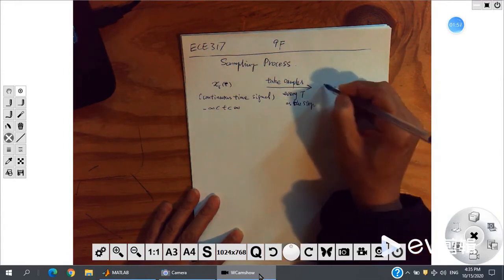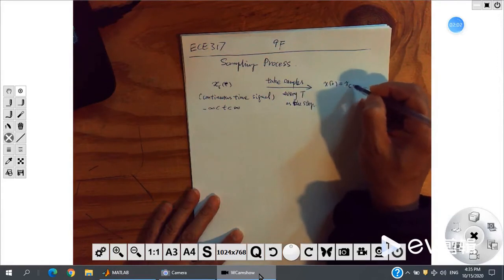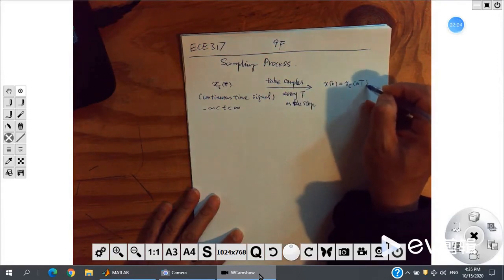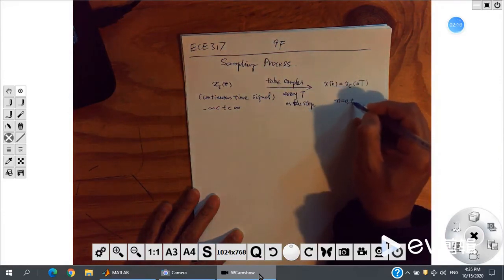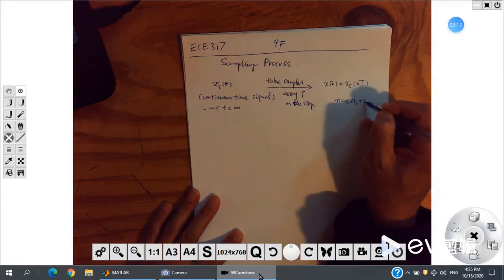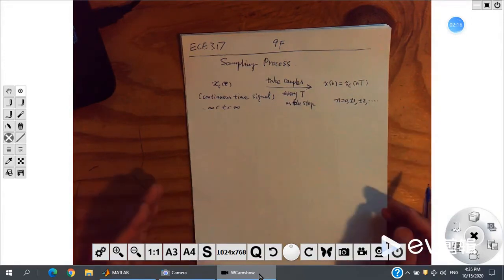Then you have x of n, which is xc at n times capital T. Now n should be integers, so 0 or negative or positive 1, negative or positive 2, and so on. Okay. So the sampling process just looks like this.